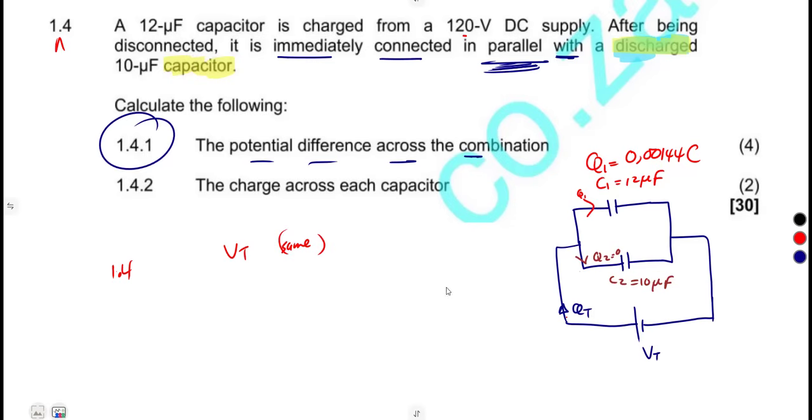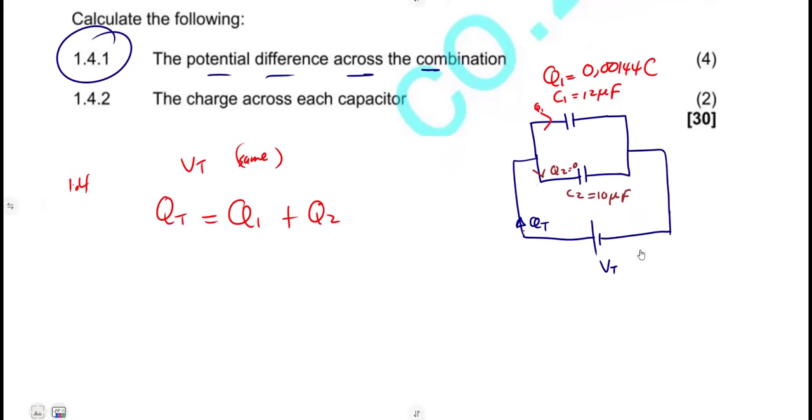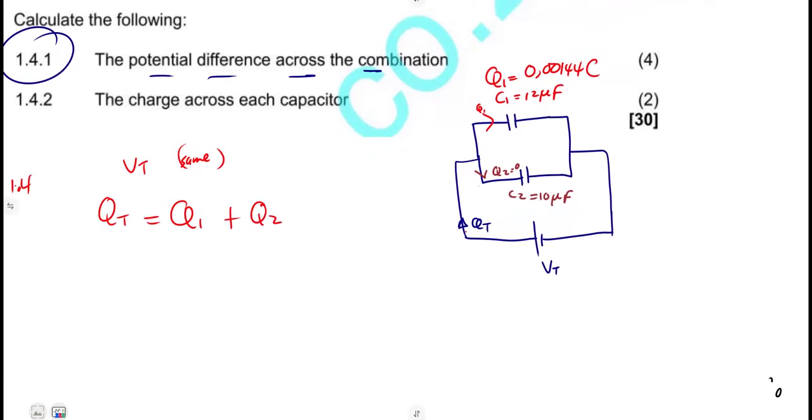We can calculate it in many ways. You can calculate from QT. QT is the sum of Q1 plus Q2, where in this case our QT is the sum of these two.